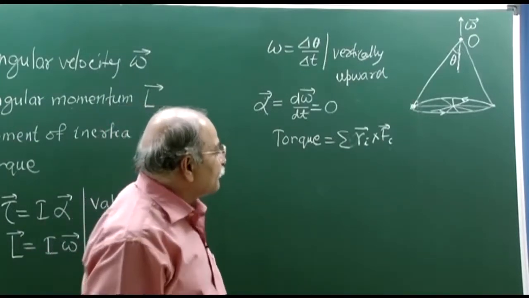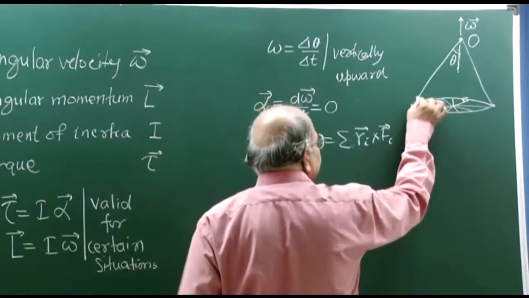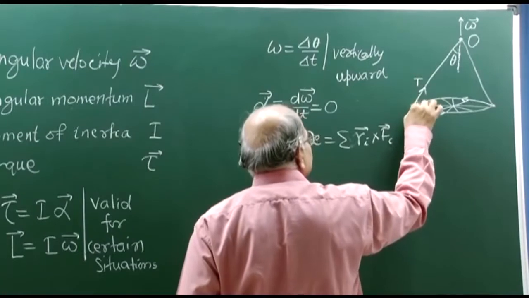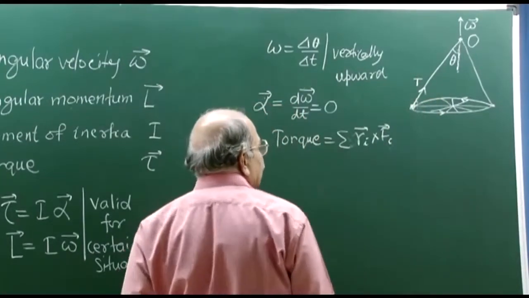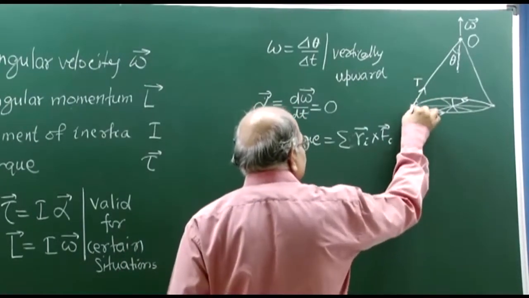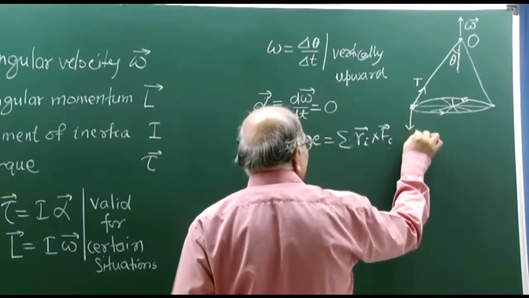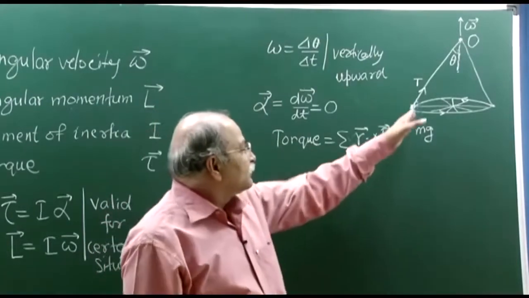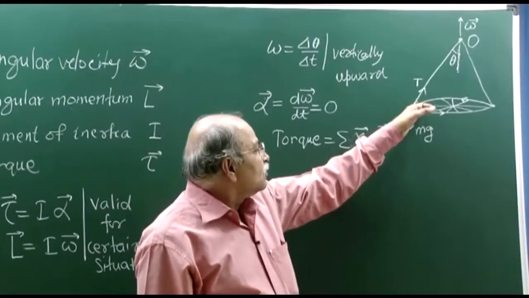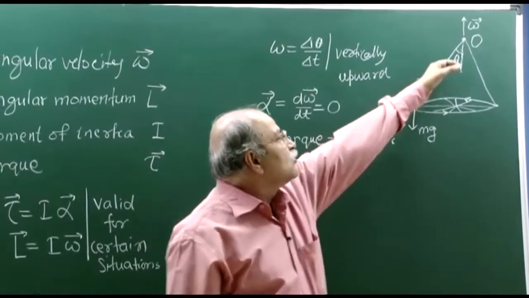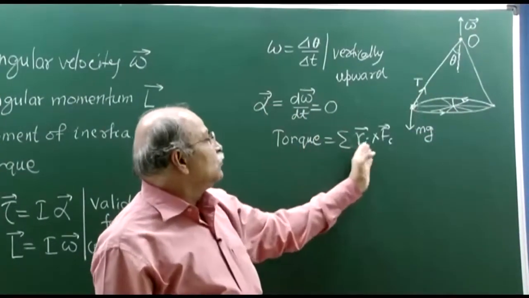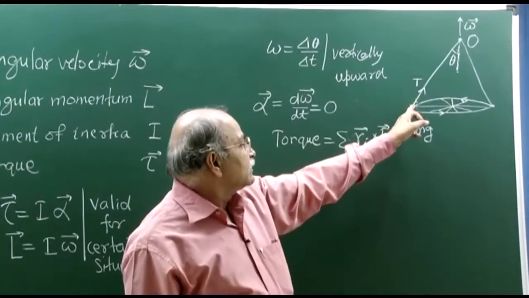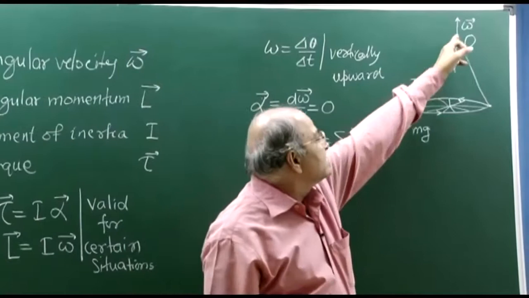So, here the forces are the tension of this thread, here is the particle, and then the weight. These are the two forces that I can see. The torque of this tension force about this origin should be 0, because the force is acting at this point and the origin is here.